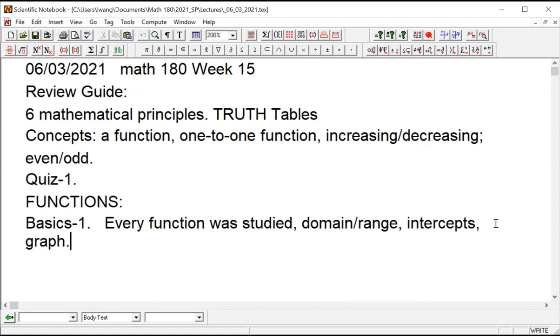Later on, we studied their transformations: opening wider, opening more narrow, shifting left, shifting right, shifting up, shifting down. All of these elements were studied, and we find that they have very similar features, and how we express them. We also used the function notation extensively.